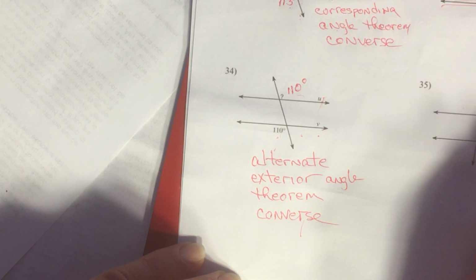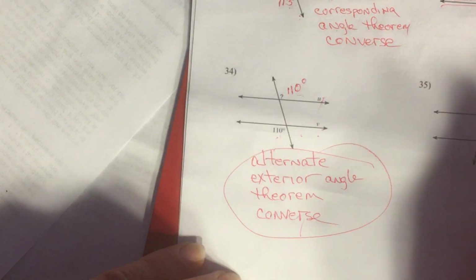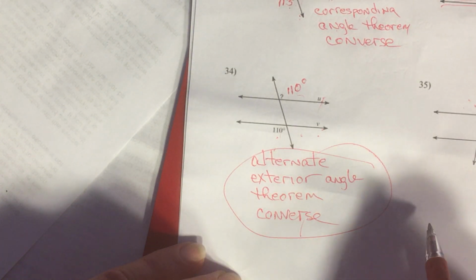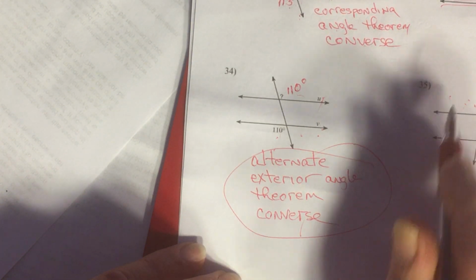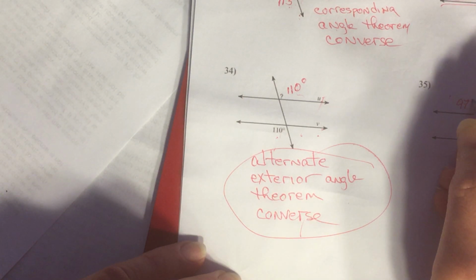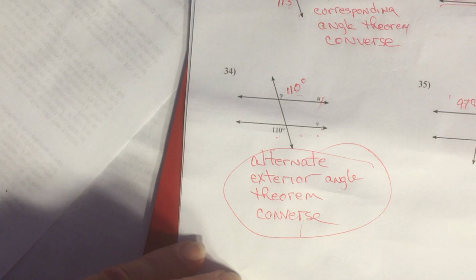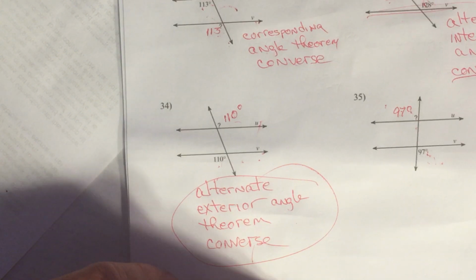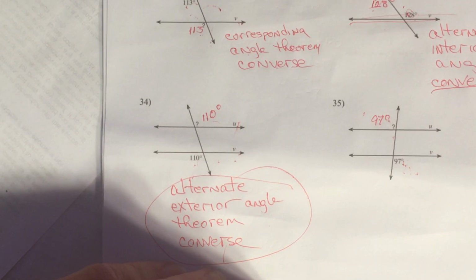And here, this is actually the same. It's the alternate exterior angle converse, right? Because again, these are alternate exterior angles. And that means if I want the lines to be parallel, that has to be 97 degrees. Okay. These problems, because there's no real algebra involved, look at first like they're really simple.